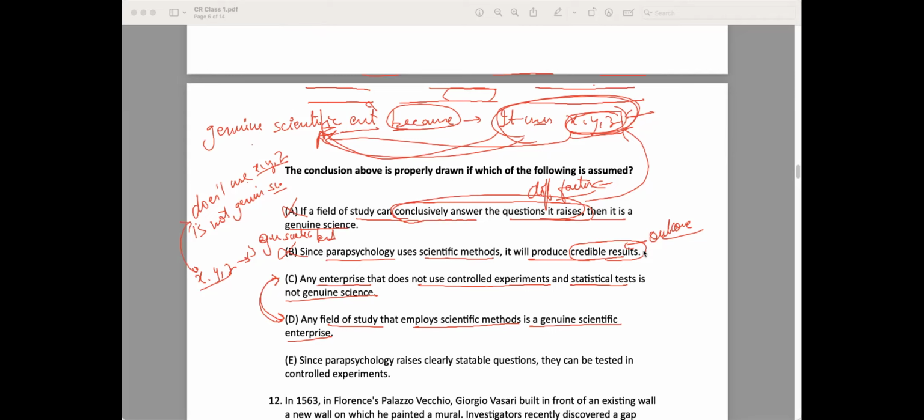Whether the results are credible or not is out of question. Yes, sir, regarding the result, it was way out of the context. It's out of context because of the results. That's why option B cannot be our answer. Getting the point? Whether the results are credible or not is not a question that we are answering. I'm telling you the reason why B is out. Yes, I got it, sir.